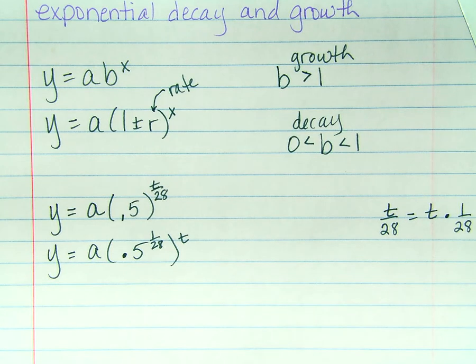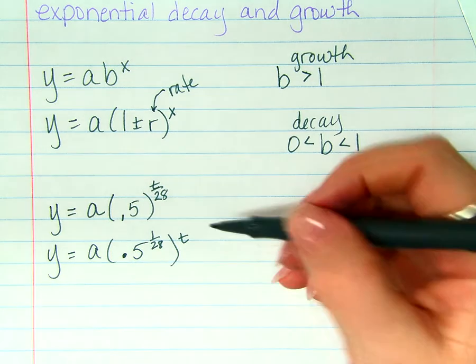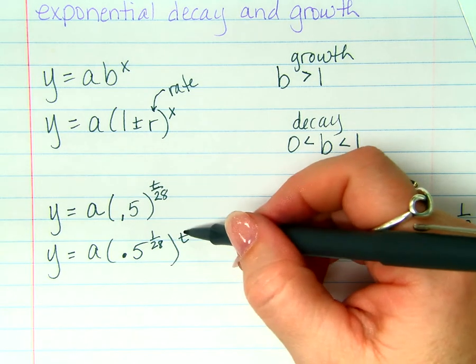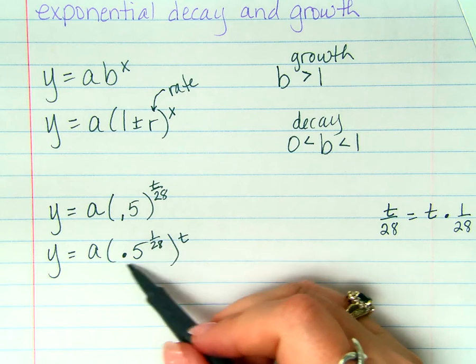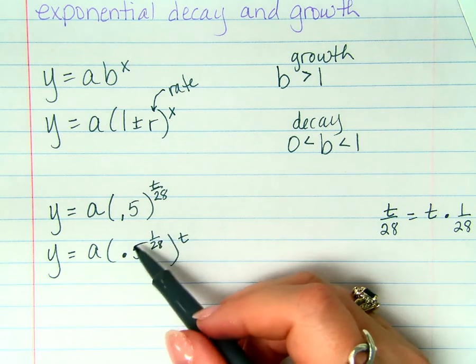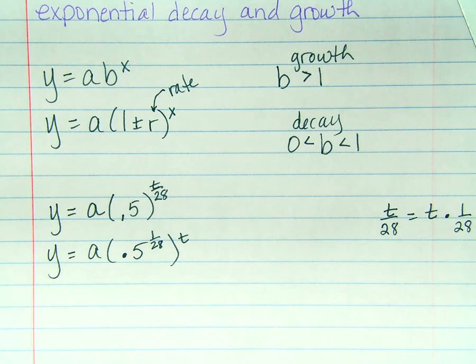Why would I want to separate them out that way? First of all, it gives me the t all by itself as the exponent. Second of all, is this a number I can figure out? How would I figure that out? Calculator, absolutely. So in your calculator, I want you to figure out what 0.5 to the 1 over 28th power is.